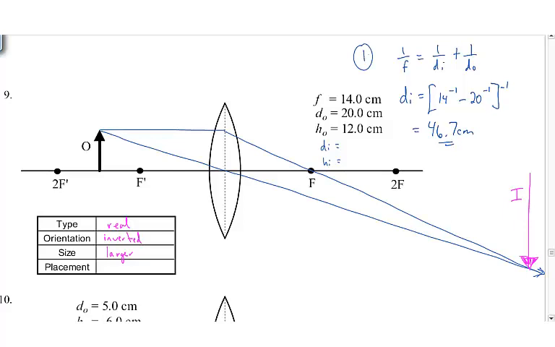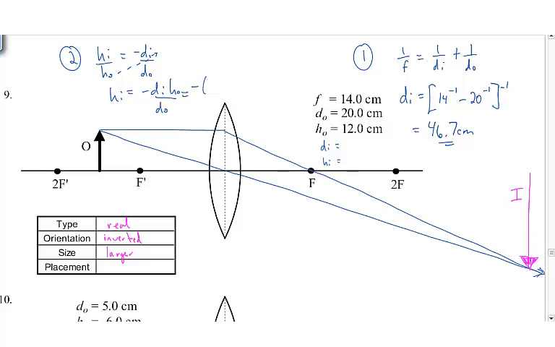Once you know that, so that's our first step, we can go and find the height of the image. So from our equation, hi over ho equals negative di over do. We're going to multiply both sides by ho, so hi is equal to negative di times ho over do. So we can put that negative up front.